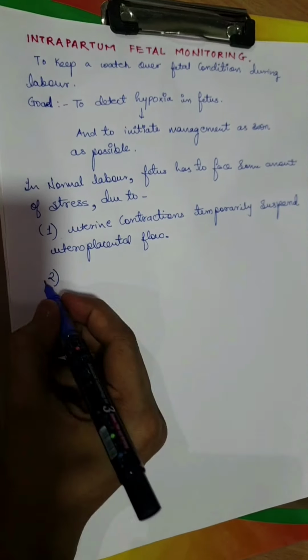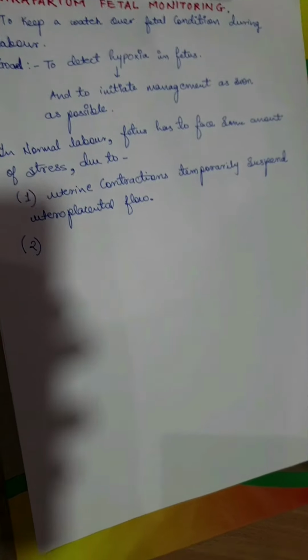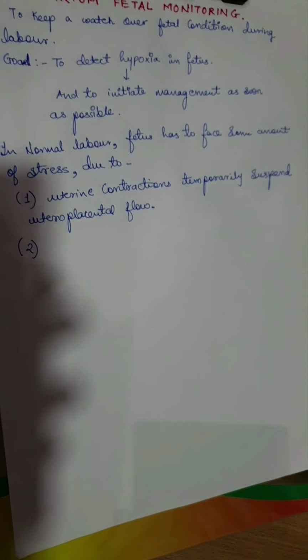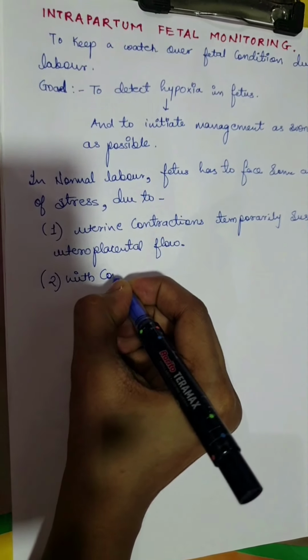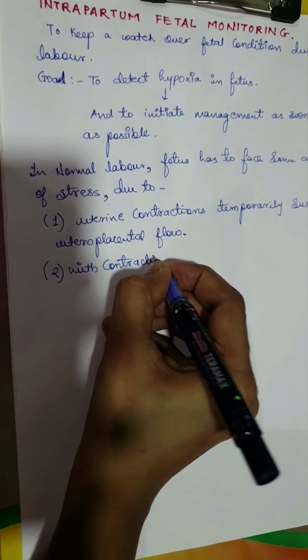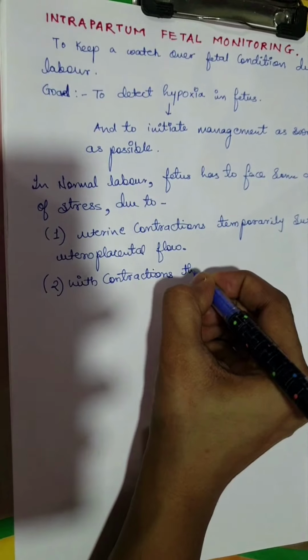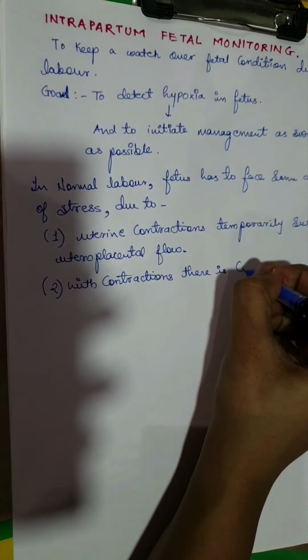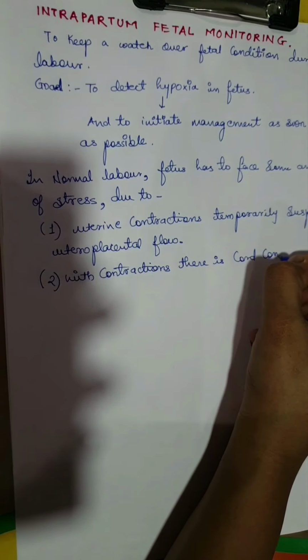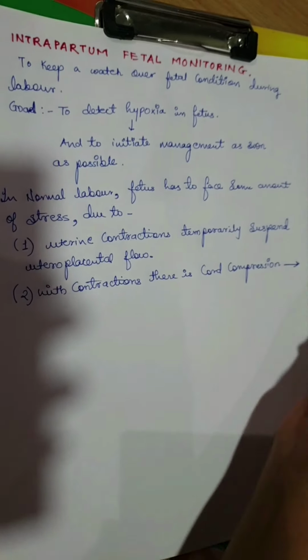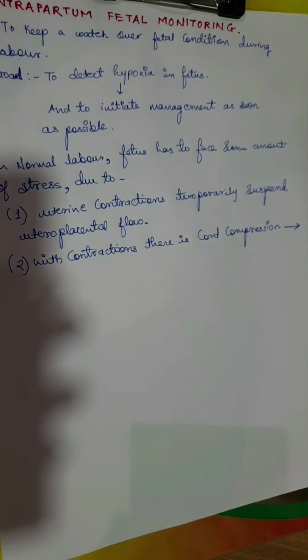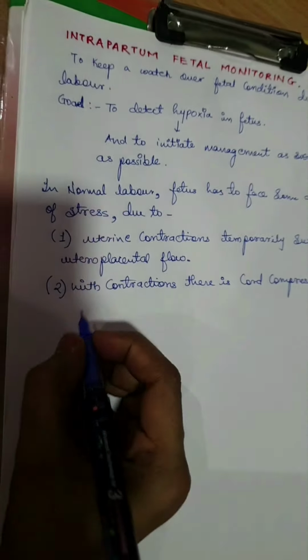And the second is, with the contractions there is a cord compression. And this leads to an interruption in the blood flow towards the fetus.